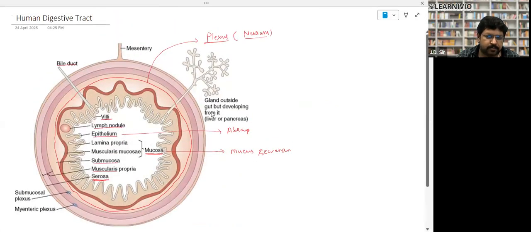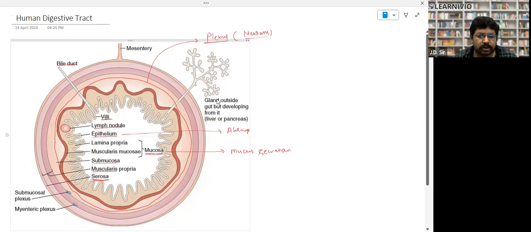Look, this is the transverse section of the digestive tract. Try to understand. There are three rings. The first ring is the plexus, made up of neurons: submucosal plexus and mesenteric plexus.